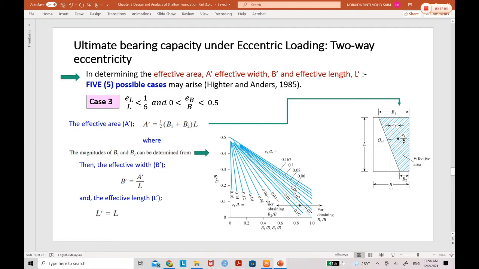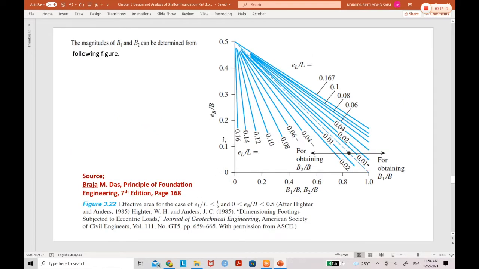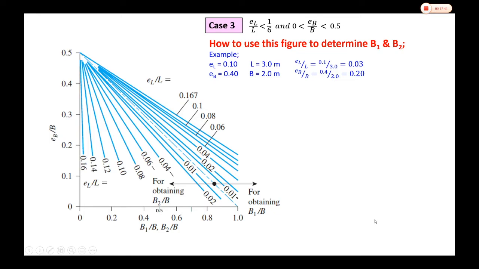Again, Highter and Anderson come up with this figure to get B1 and B2. What is the difference between this one and case number 2? You can see that for case number 3, the y-axis has eB over B, and in the x-axis we have the ratio B1 over B and B2 over B. How to use this figure to determine B1 and B2 is similar to case number 2, but with different axis titles.